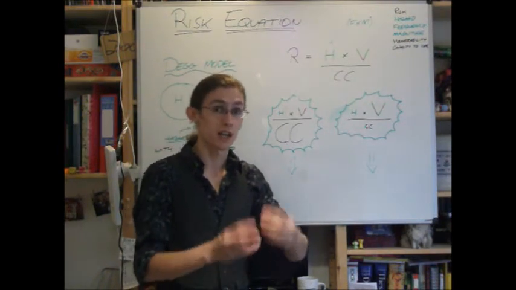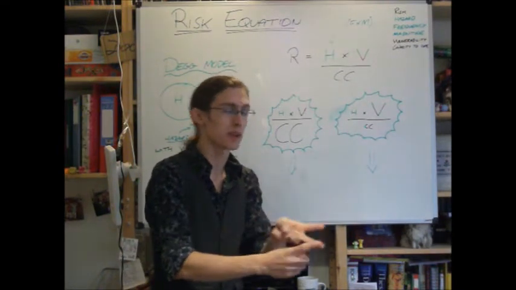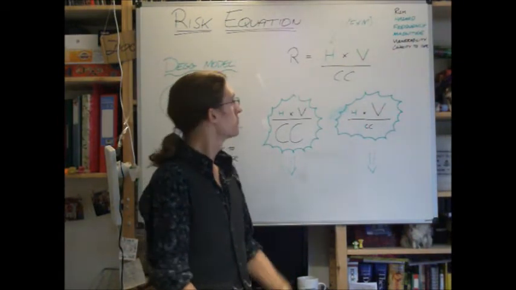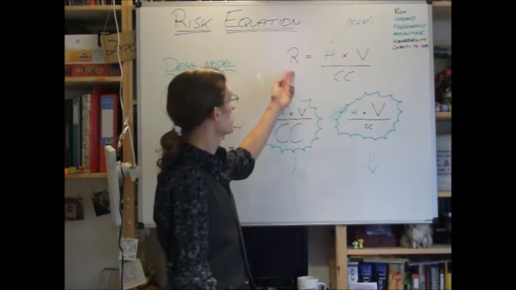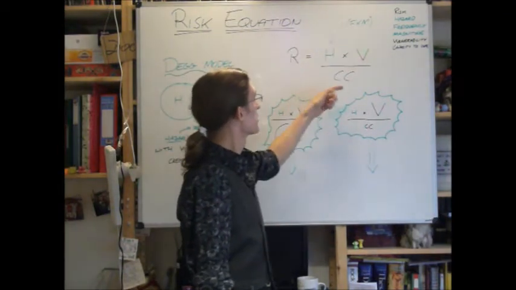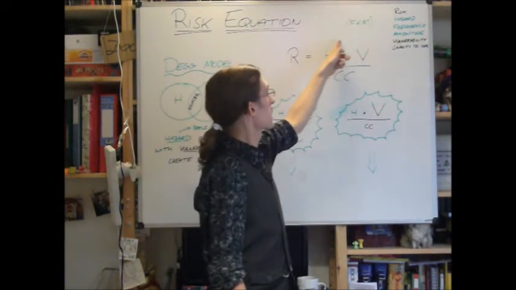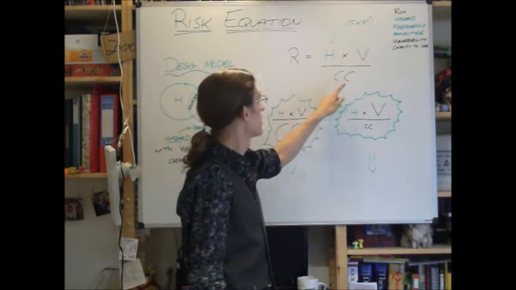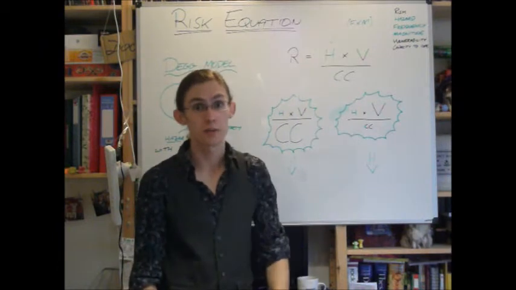We can think, okay, is the hazard bigger, the vulnerability bigger, the capacity to cope bigger? So, to recap, we've got risk, hazard, frequency and magnitude, which will link into the hazard, vulnerability, and that's divided by capacity to cope.